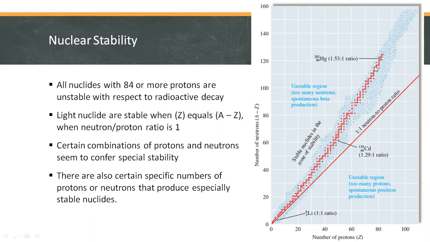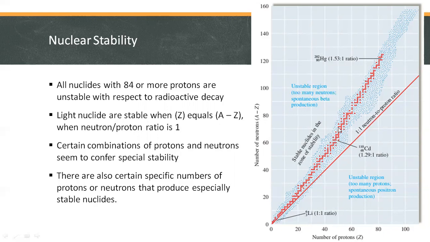Those at the red dots are the nuclides residing at the zone of stability. We have here lithium with atomic number of 3 and mass number of 6. And at the upper portion, we have mercury with 202 atomic mass and 80 atomic number.